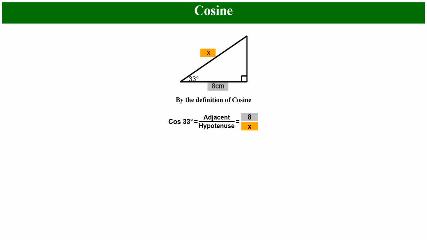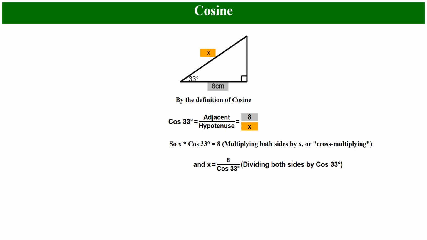So how can we get the value of x here? Well, we need to multiply both sides by x, or again we can call it cross multiply. And if we do that, we get x multiplied by cos of 33 degrees is equal to 8. Now let's divide both sides by cos 33 degrees so we can get x.